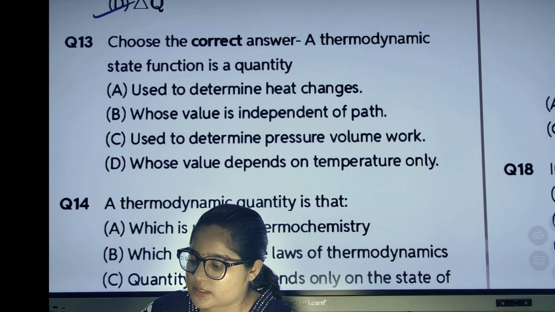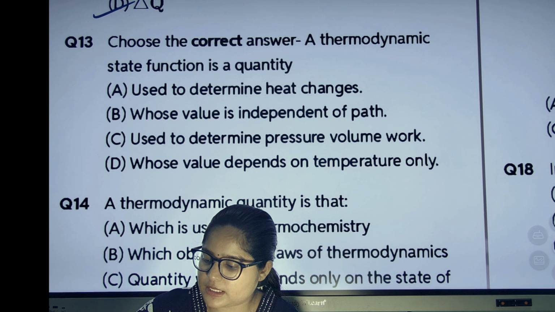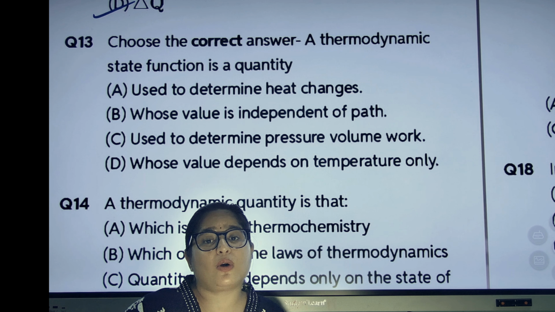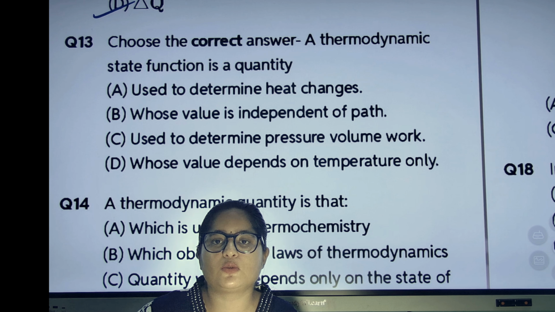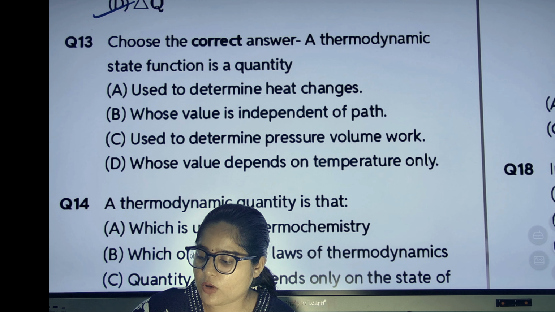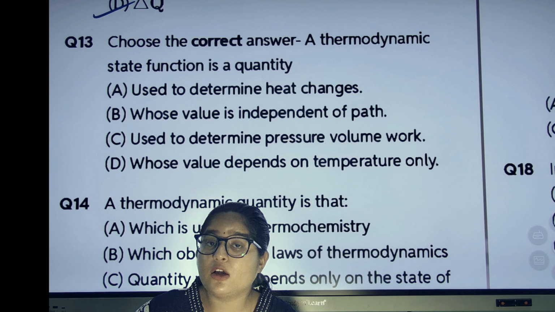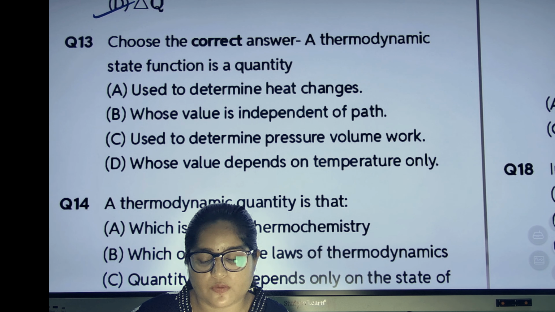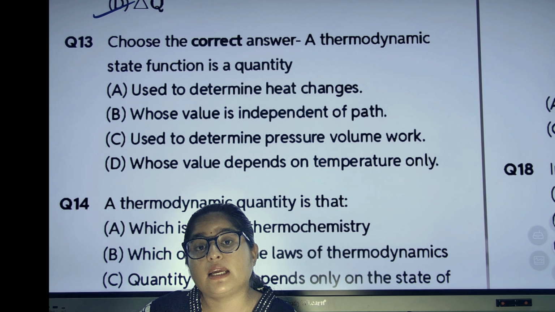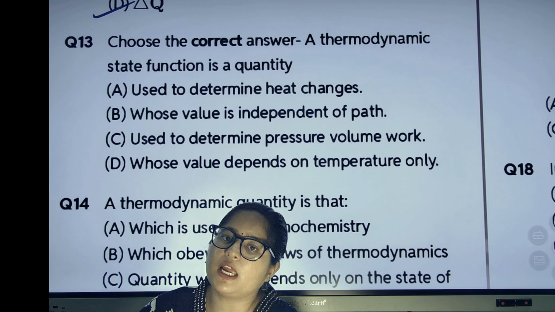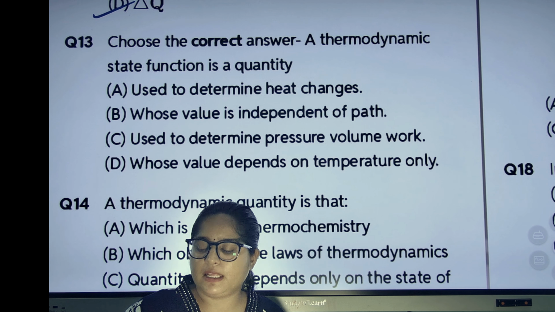Now let us see the next question. Choose the correct answer. A thermodynamic state function is a quantity... So I have designed this DPP in such a way that each and every concept will be cleared. Now we are seeing the definition of state function. State function is something which is independent of path.